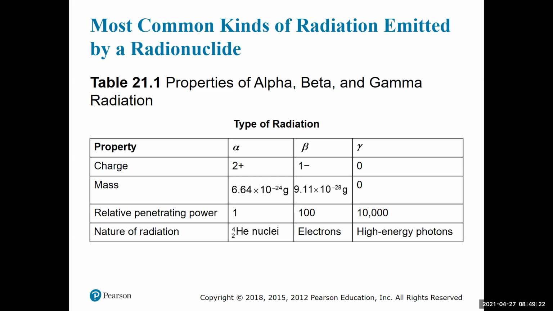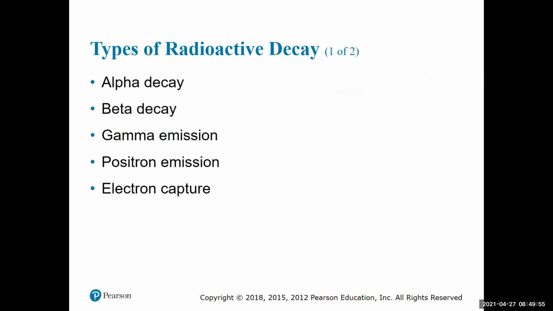And because of that, if you think about a photon versus a nuclei, that kind of makes sense then that gamma is going to be higher penetrating than the alpha. And then the electron is kind of in between. So a lot of this stuff in this table is real important, especially when we try and understand the different types of radiation, and then when we go to balance nuclear equations.